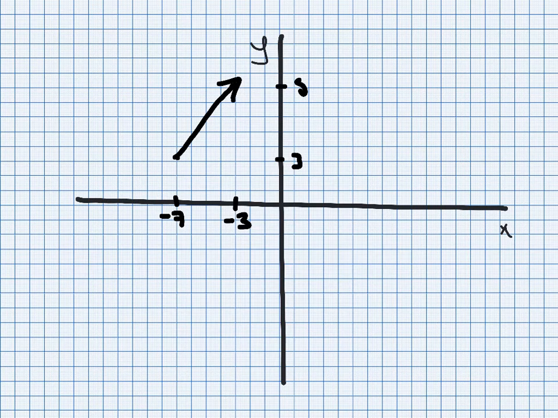So, even though it starts at a different point, this still is the vector 4, comma 5. It has magnitude, it has length, it has direction. It does not matter that it starts at a different place, it's still the same vector. Okay?